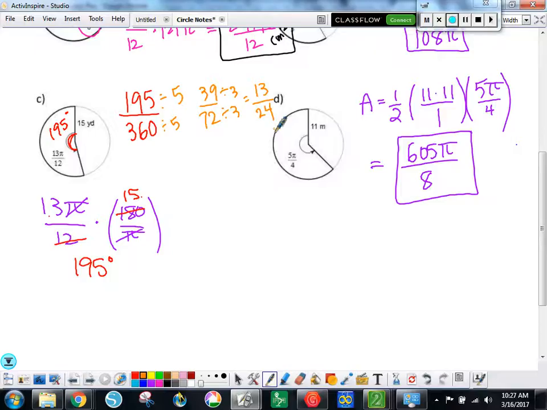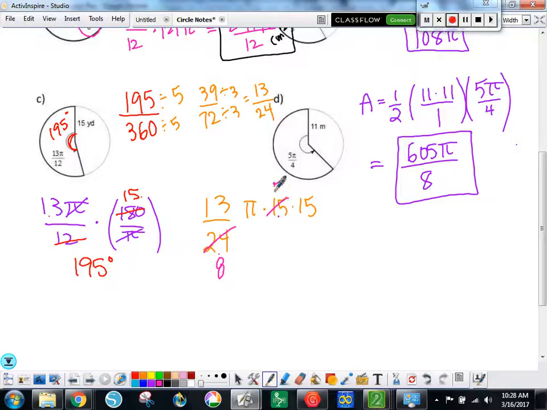So that's my fraction. I'm going to take that 13 over 24, and I'm going to multiply it by pi r squared. I spread out that r squared just like I did here so that it's easier to cancel things. Then I can go to 24 and 15. Oh, wow. 3. Divide this by 3, you get 8.